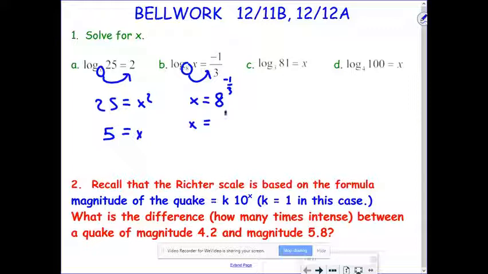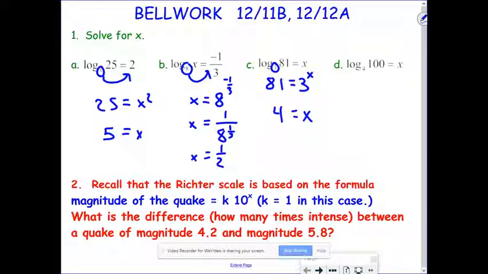The negative makes it 1 over 8 to the 1/3. 8 to the 1/3 means 8, and then the third root of that, which is 2. So it's 1/2. In C, the base of the log becomes the base of the exponent. 3 to the x is 81. So x is 4.